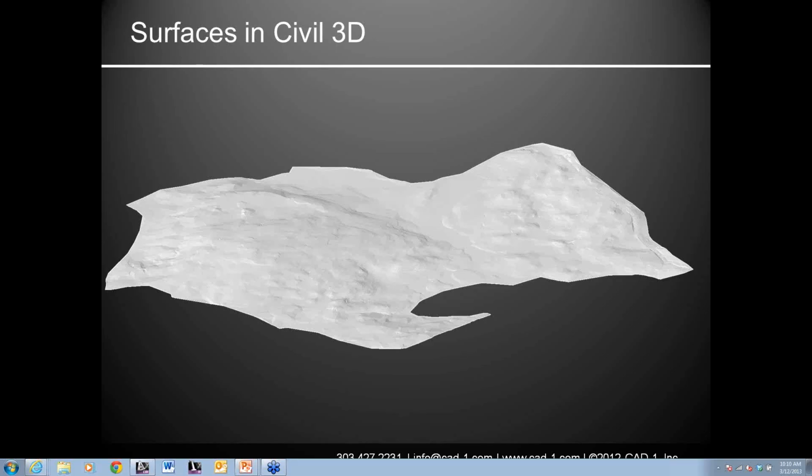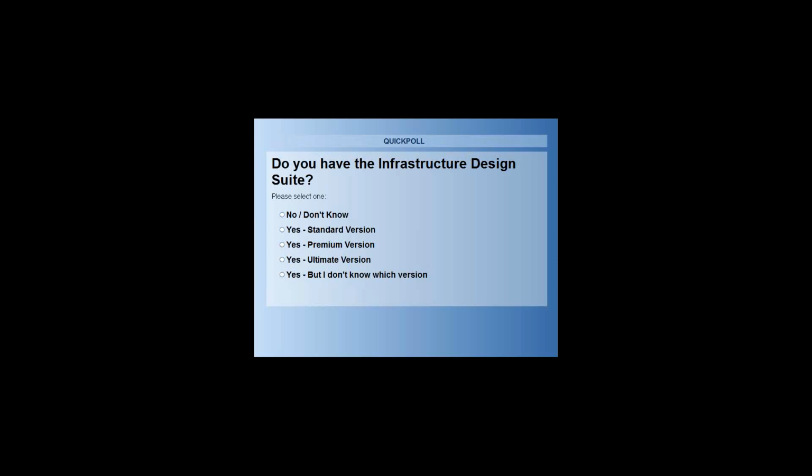All right, let's real quick. Do you have Infrastructure Design Suite? So this is what Stan was talking about that you're going to be migrated to here pretty soon. If you have it, most likely you have the premium version if you have Civil 3D. The standard version does not have Civil 3D. The ultimate version is the one that has Revit Structure as well as Navisworks Manage.